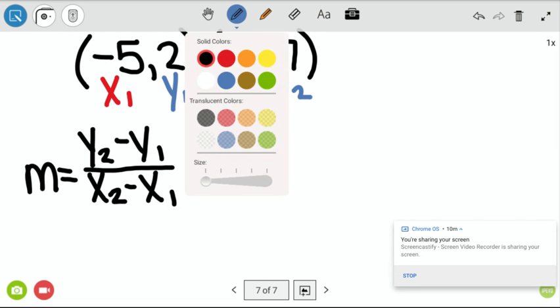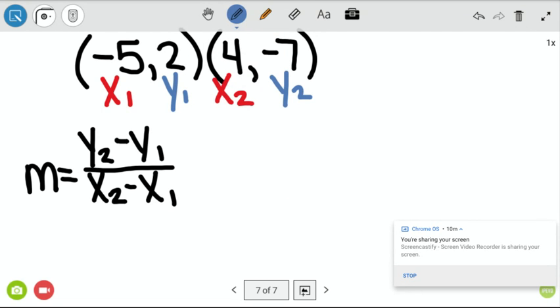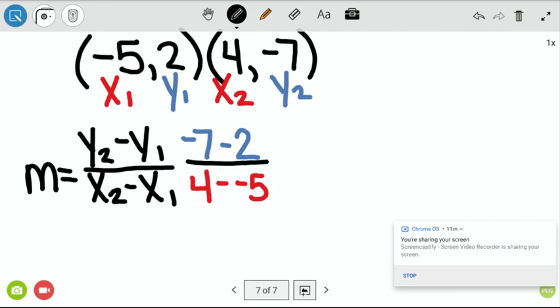All right, so for the y's, the y2 is -7 minus 2. Now for the denominator, our x2 is a 4, but then we subtract -5. So the 4 came from x2, then it was a minus sign, so we brought that over, and then we bring down the -5.